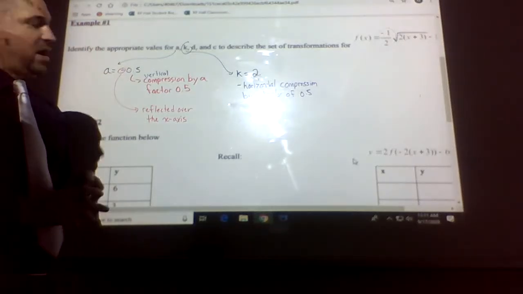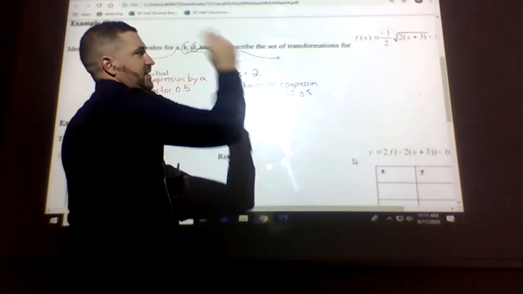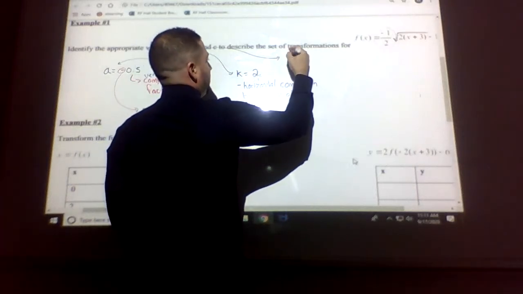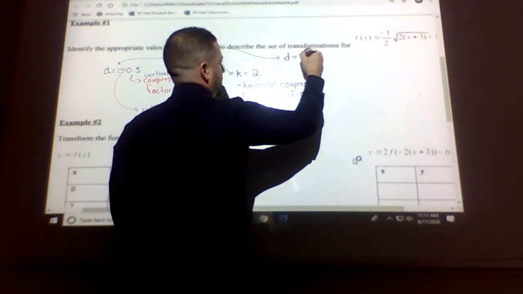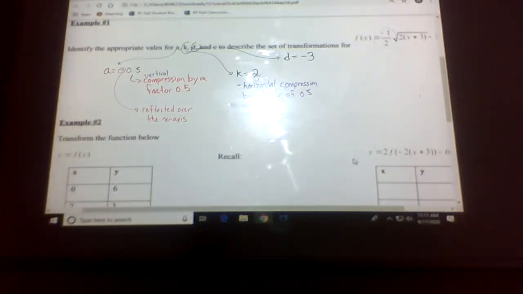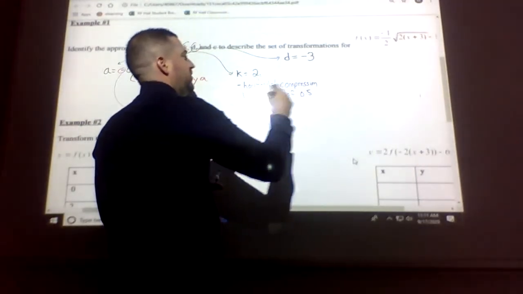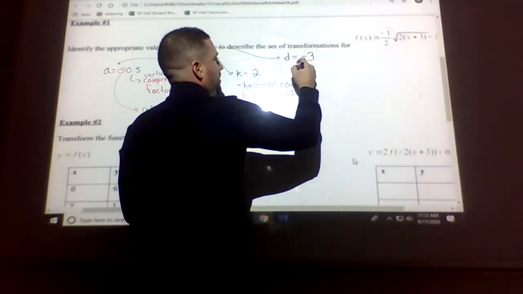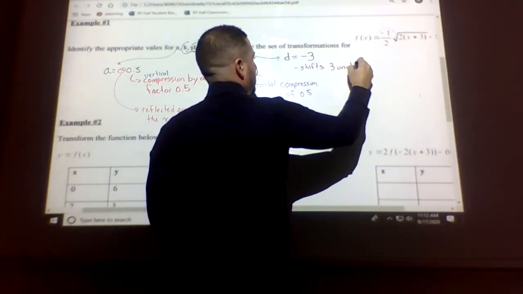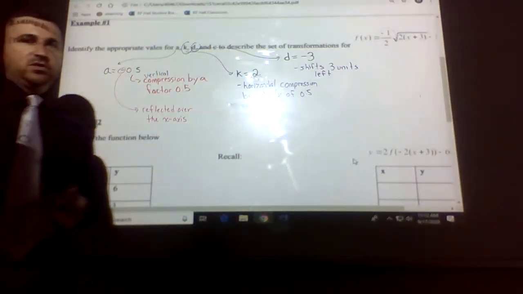Now we're going to our D value. In this case, it is 3, but when we remove it from the bracket, it becomes negative 3. So it shifts 3 units left. D is negative 3, so it shifts 3 units to the left.